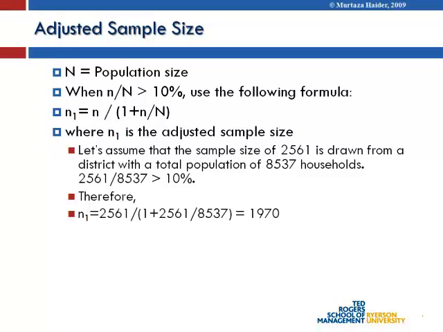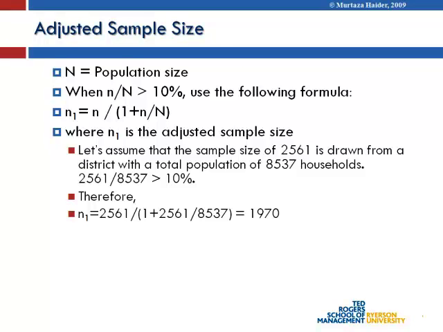Now let's assume from our previous example that the sample size of 2,561 was drawn from a district with a total population of 8,537 households. So if you look at this, you're drawing a sample of 2,561 households from a district of 8,537 households.